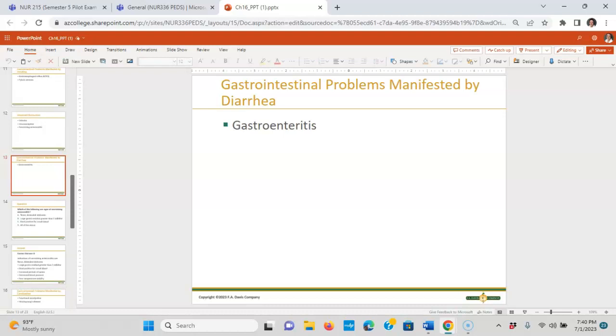At home, they could give Pedialyte, water, popsicles. You know the BRAT diet. So clear broth, saltines, and then if the patient stops to vomit, if they're vomiting, stop everything, start all over again.